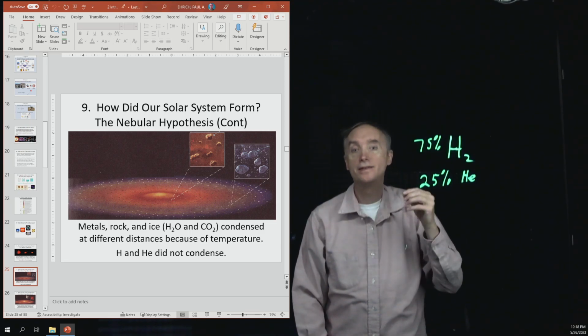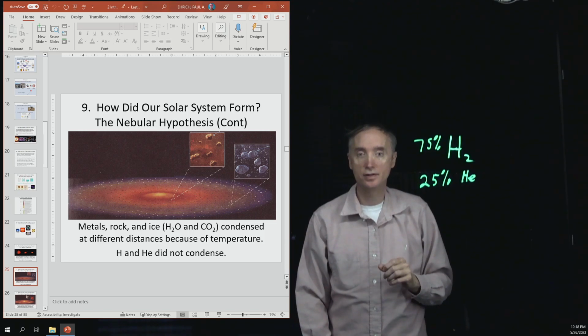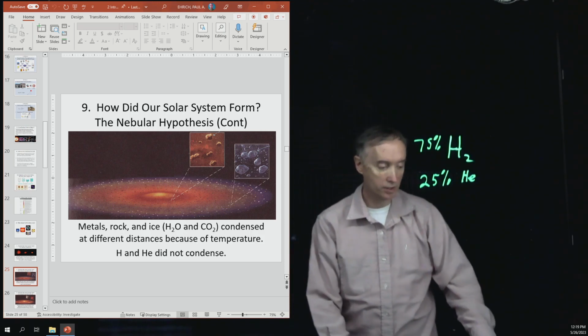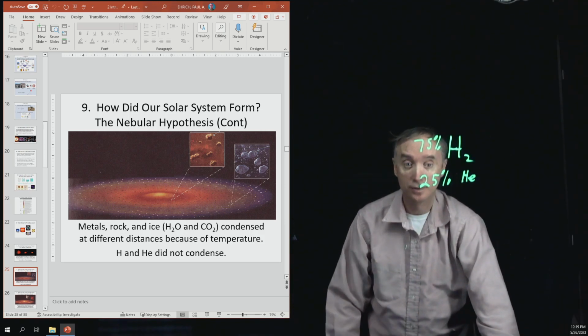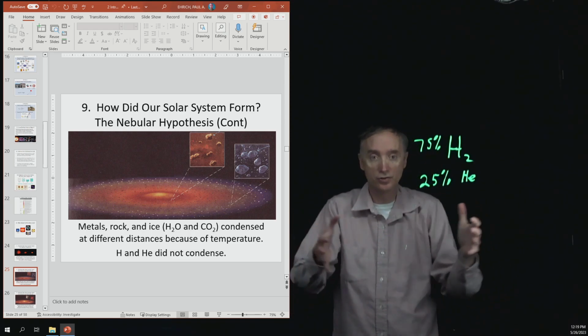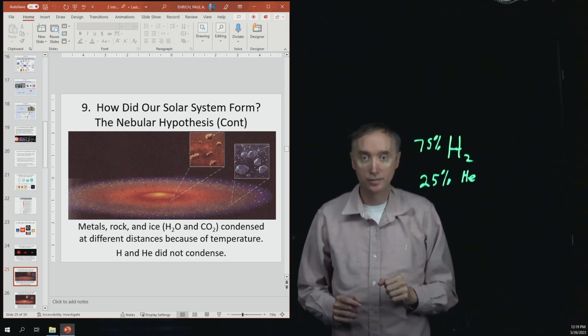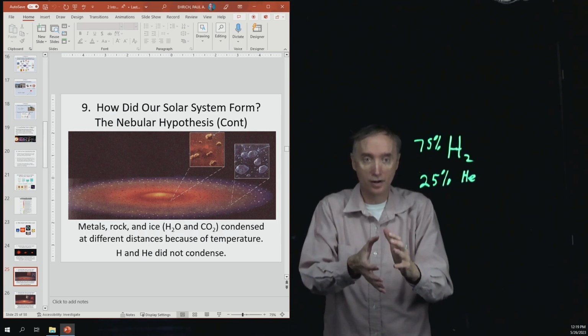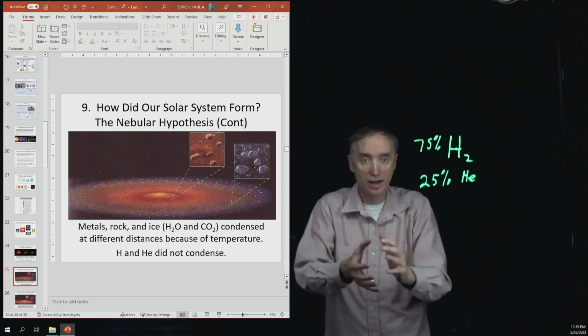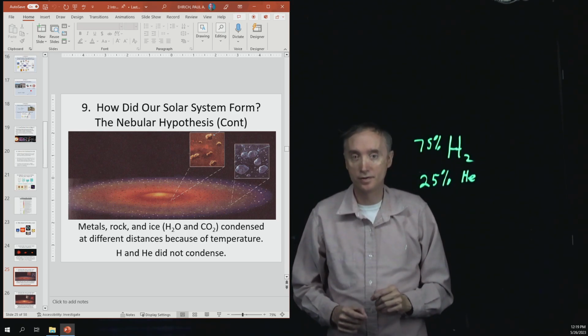Okay, but the center part of the disk is going to start to get hotter. So remember that when the universe expanded, it got cooler. So that means that when something contracts, it has to get hotter. So the central part of the solar system is going to get hotter and hotter and hotter because it's collapsing, and that's what's going to turn into the sun.